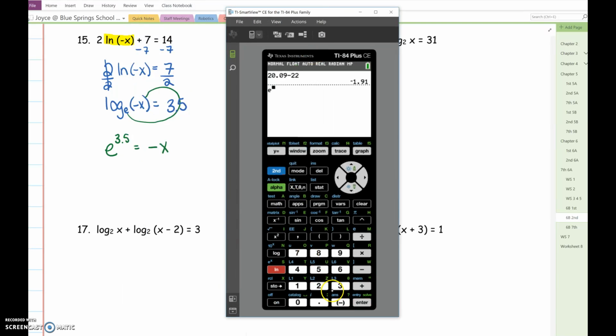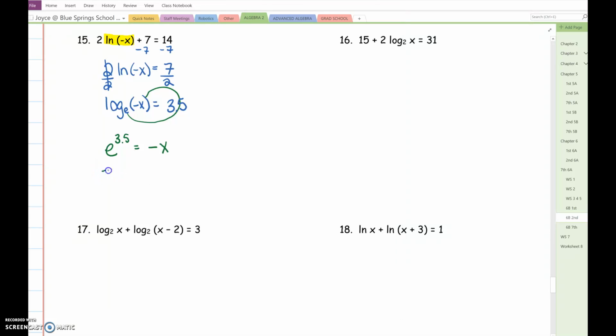E to the 3.5, 33.12. And if 33.12 is negative x, what is positive x going to equal? Negative 33.12.